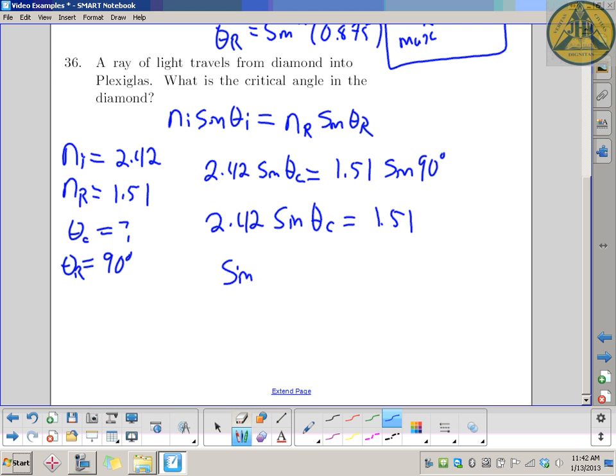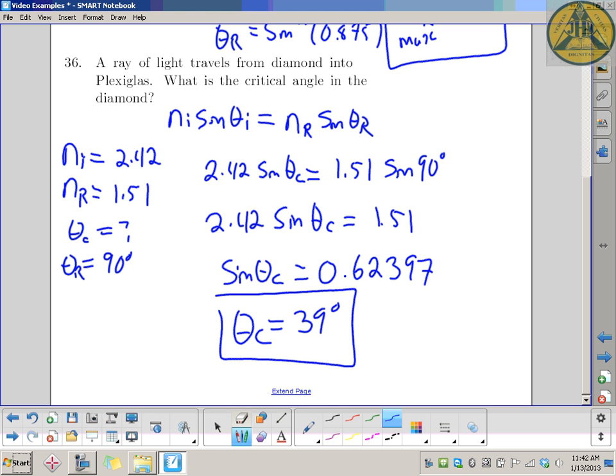Divide both sides by 2.42, and we'll get what the sine of the angle is. 1.51 divided by 2.42, 0.62397. Again, just kind of keeping a lot of decimal places there. So the critical angle for this situation is the inverse sine of that. Rounds to 39 degrees. 38.6, but I'll just keep the 2 digits to make it easy.